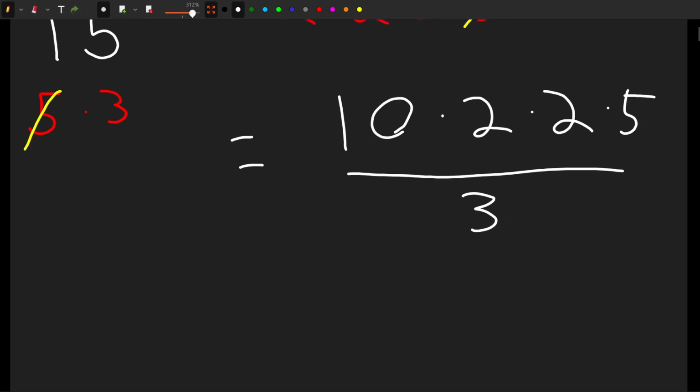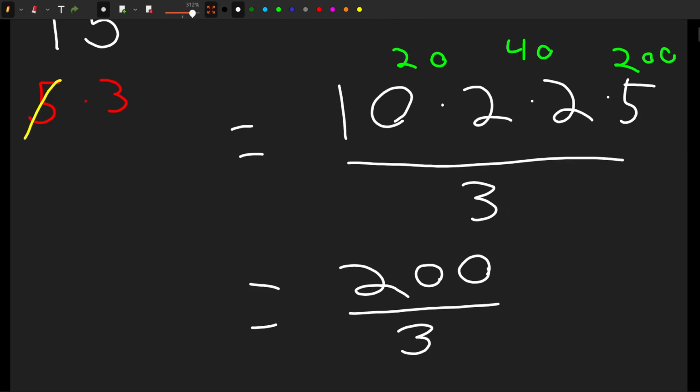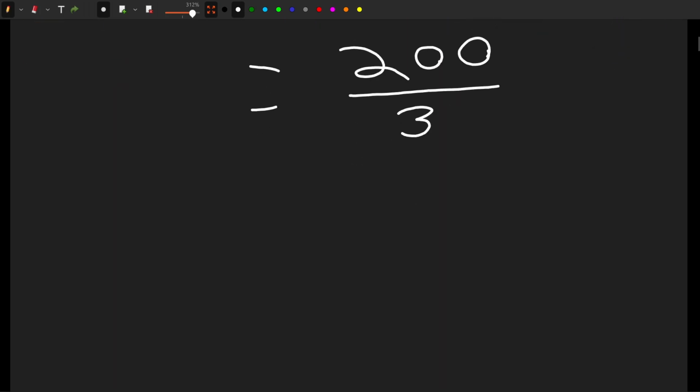And so 10 times 2 times 2 times 5, well, 10 times 2, that is 20. 20 times 2 is 40. And 40 times 5 is 200. So I'm going to have 200 over 3. And now the last thing I have to do is just divide this number out. And so I'm going to have 3 on the outside of the house, 200 on the inside of the house.